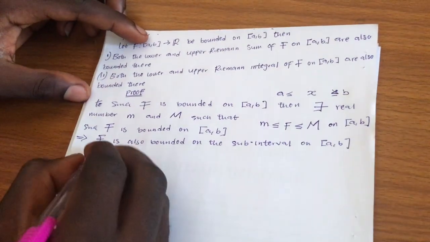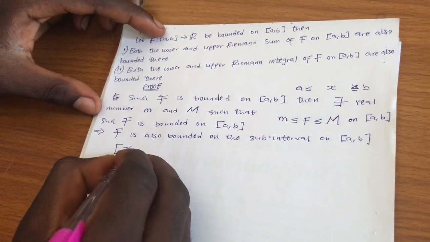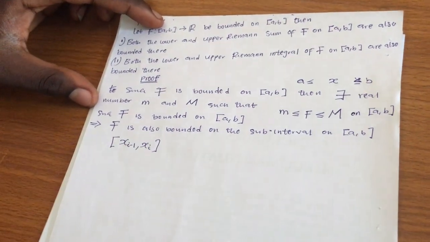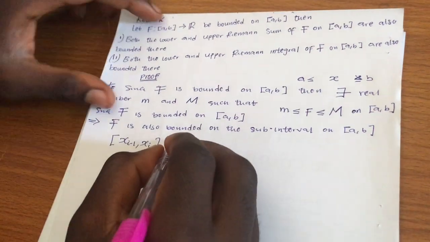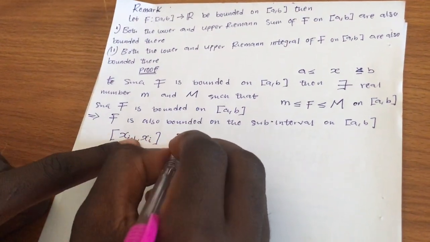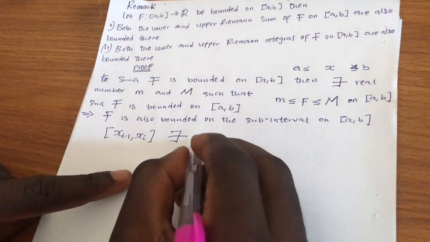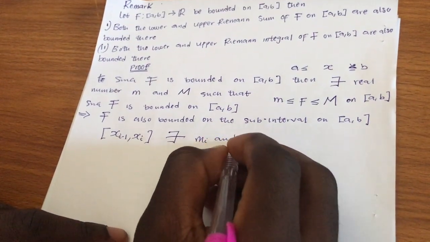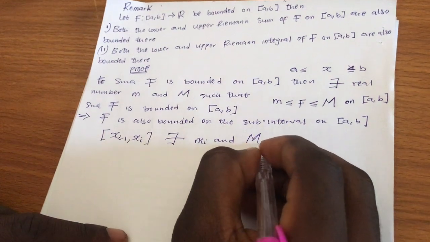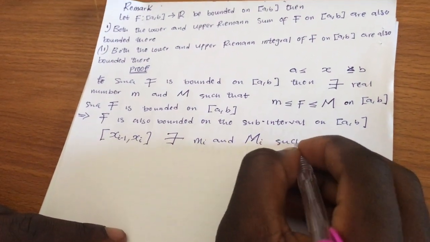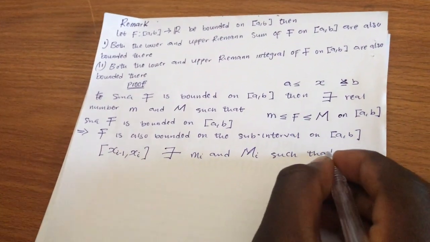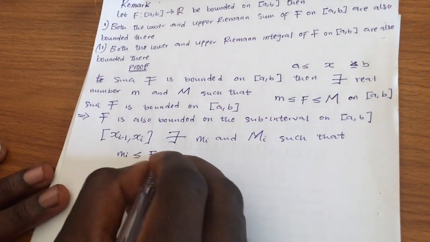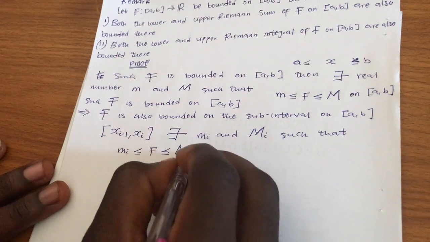Now, what is the sub-interval? Let's have the sub-interval to be [x_(i-1), x_i]. Then there exists real numbers small m_i and capital M_i such that m_i is less than or equal to f, which is less than or equal to M_i.